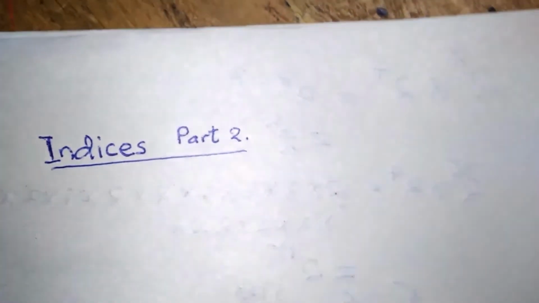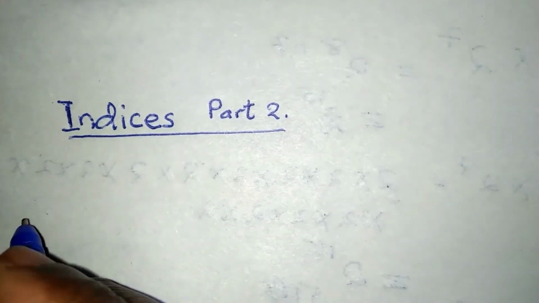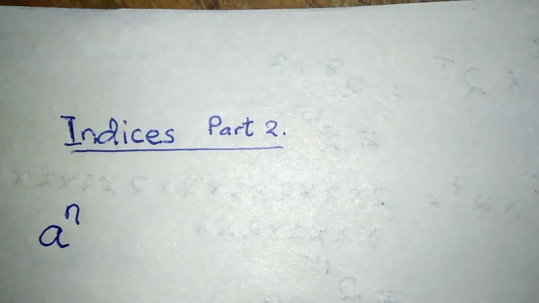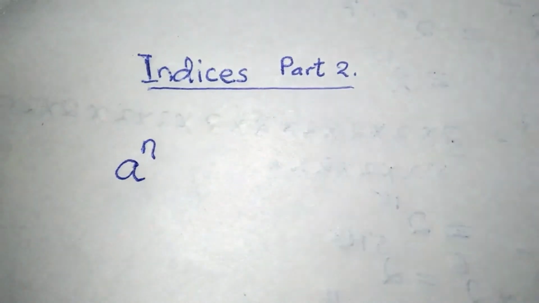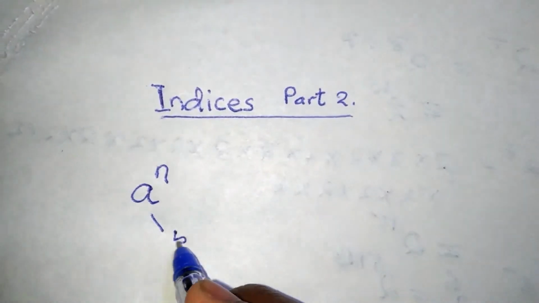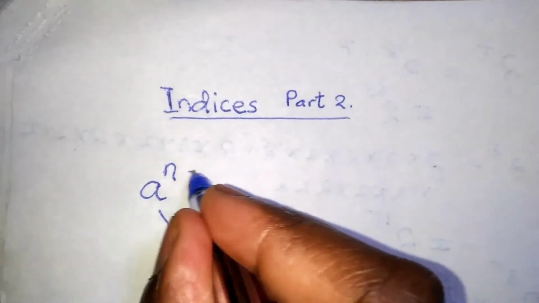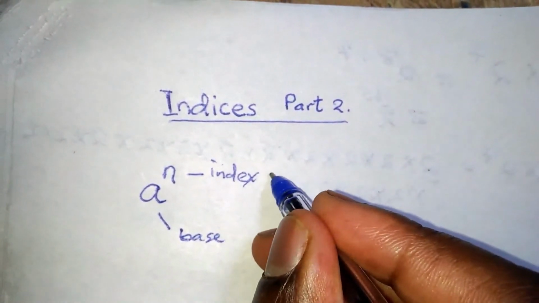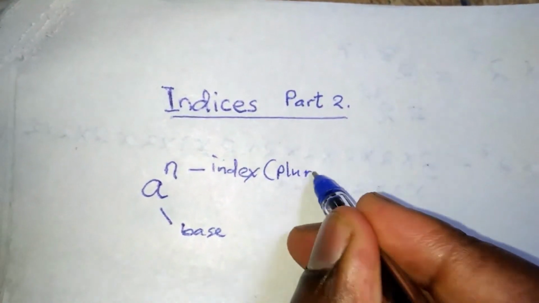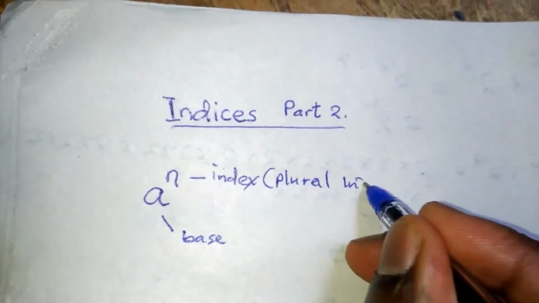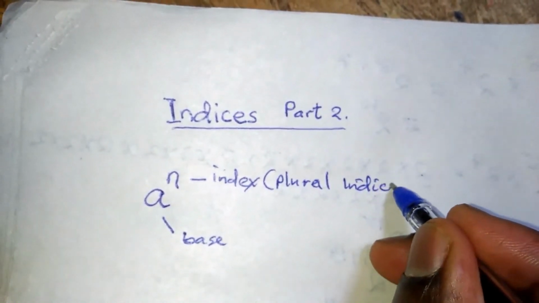In the previous video, we said that when a number is written as a to power n, then a is called the base and n is called the index, and in plural this is what we call indices.